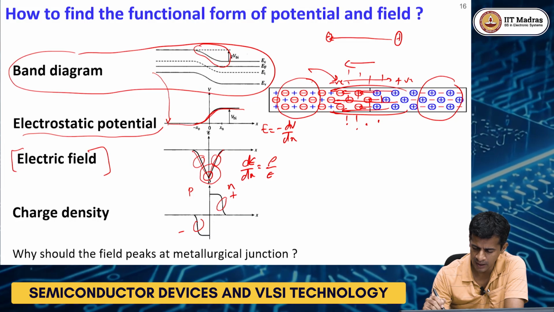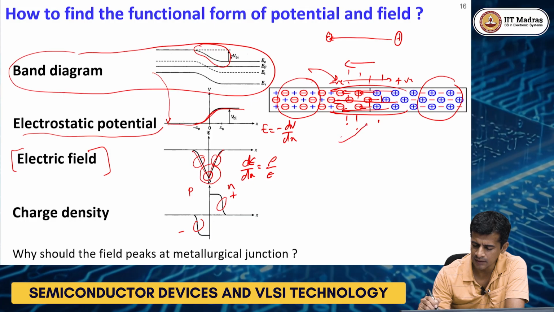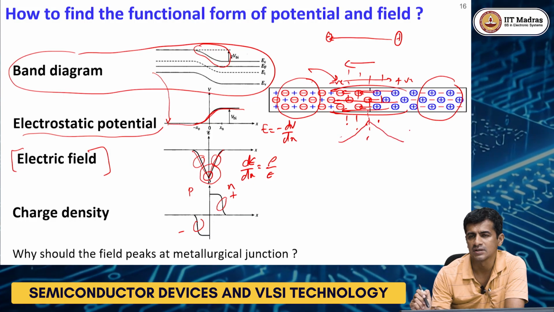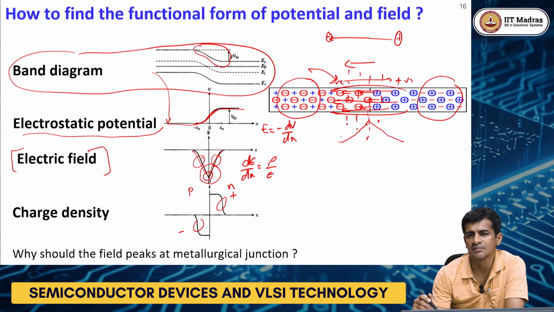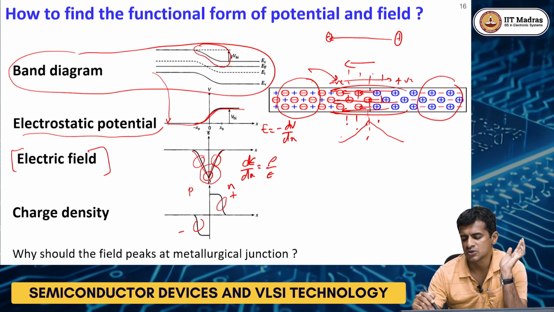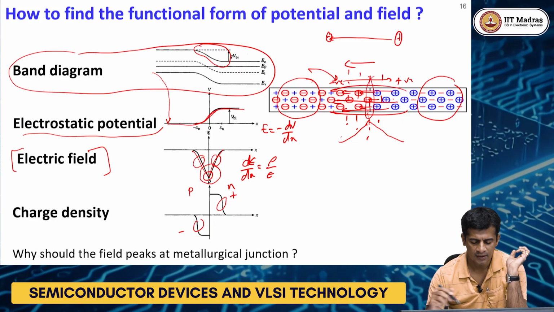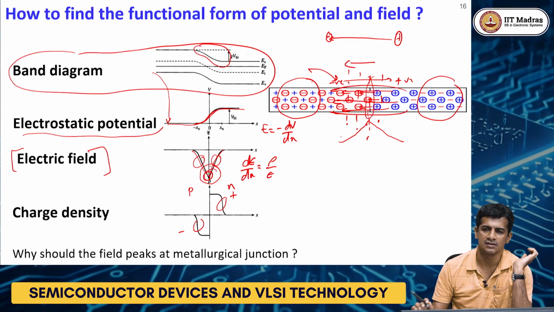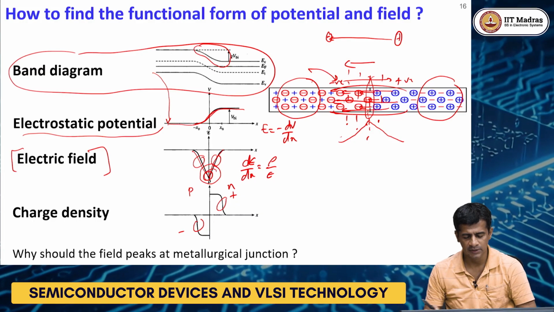You will see a slow build-up, and the maximum number of lines are crossing at the interface. Then it reduces again like this. Essentially the field is nothing but the number of flux lines crossing that interface. The maximum number of lines cross at this point, and that is the reason why the field peaks at the interface, at the junction. I hope this is clear.